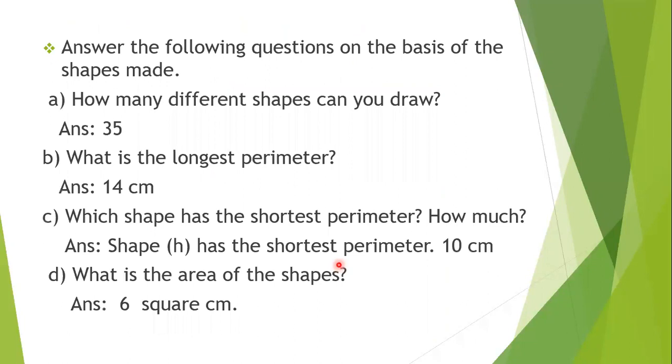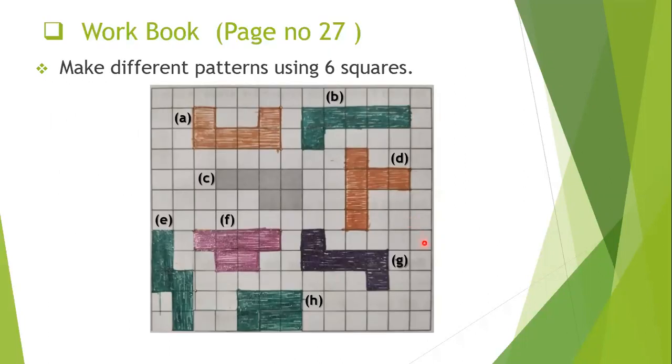The second question is, which shape has the shortest perimeter and how much? See, this shape has the shortest perimeter. Here the perimeter is, see, 1, 2, 3, 4, 5, 6, 7, 8, 9, 10.